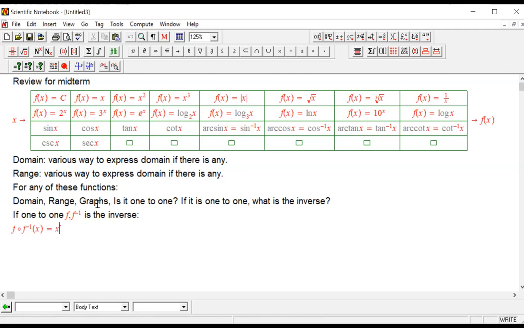So this property and the next one, even though they're both called x, we use this property for many situations, for the one-to-one functions in the first row and the second row, and their inverses.